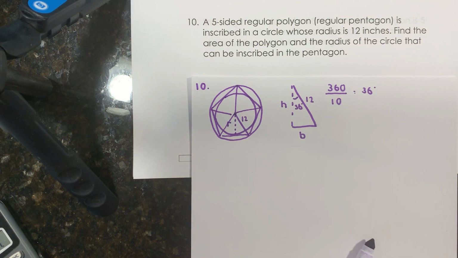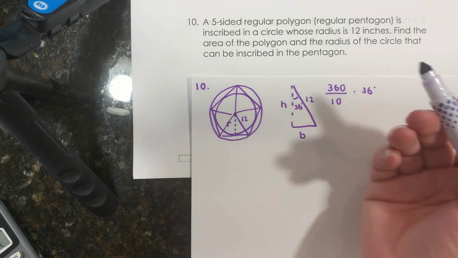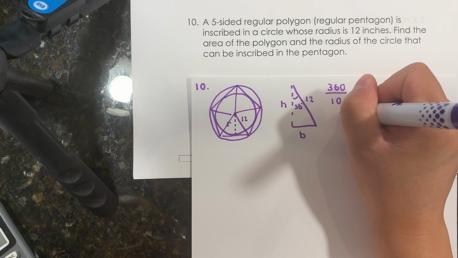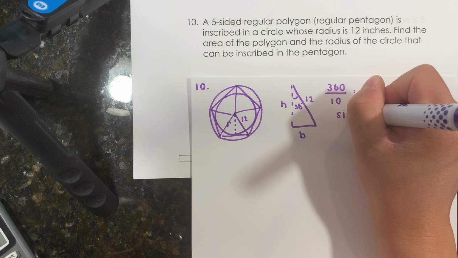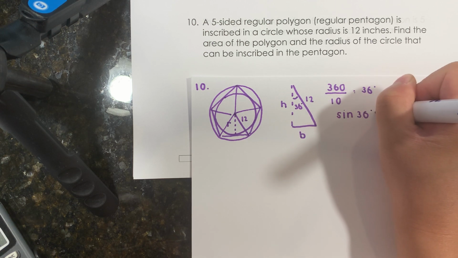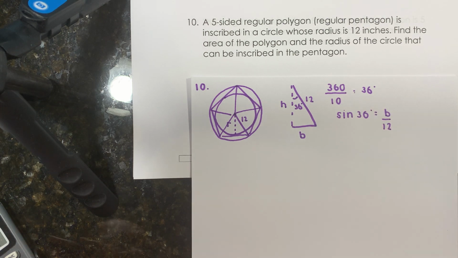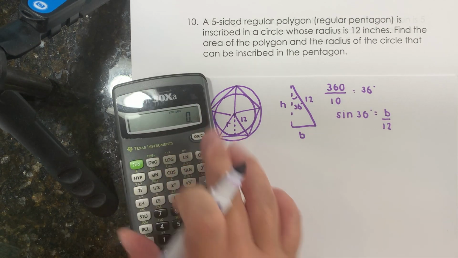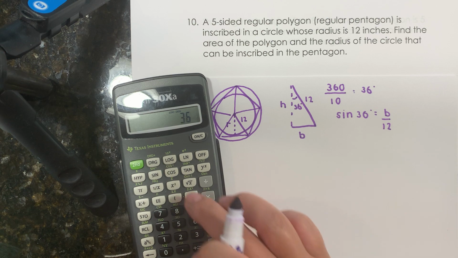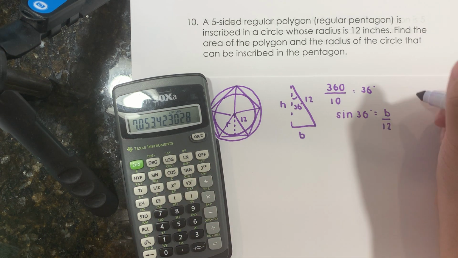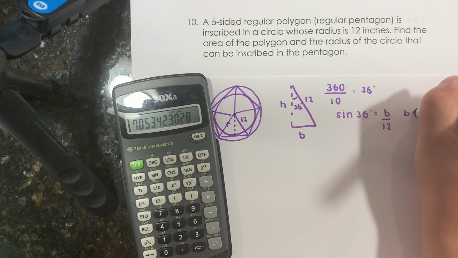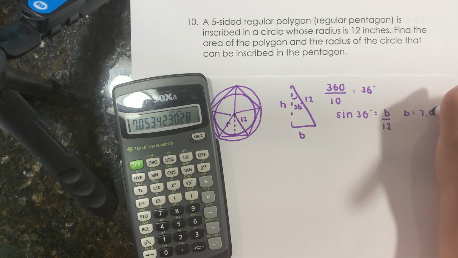And since we need to find both pieces, we're going to use 2 different trig functions to solve for the base, and then a different one to solve for the height. So I'm going to use sine to solve for the base. Sine of 36 equals opposite over hypotenuse. So it's going to be 12 times sine 36, and my base is going to be equal to 7.05.